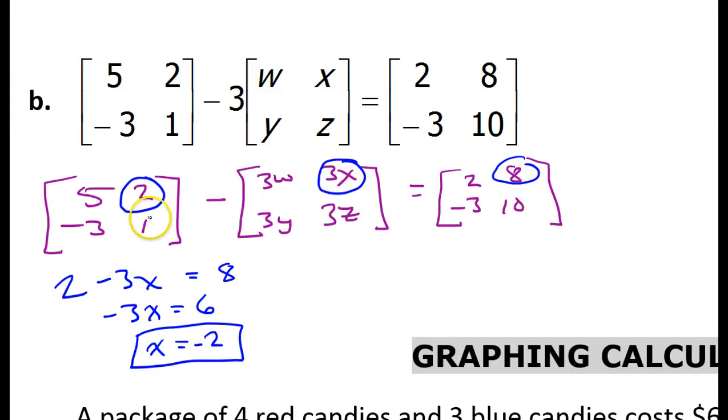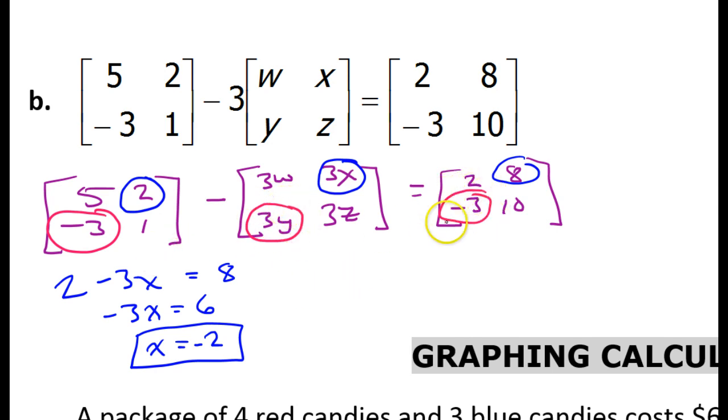Okay, can we do the y's now? So look at this term. That's not what I meant to do. I wanted to do the y's. So this is the corresponding term for the 3y and the negative 3.